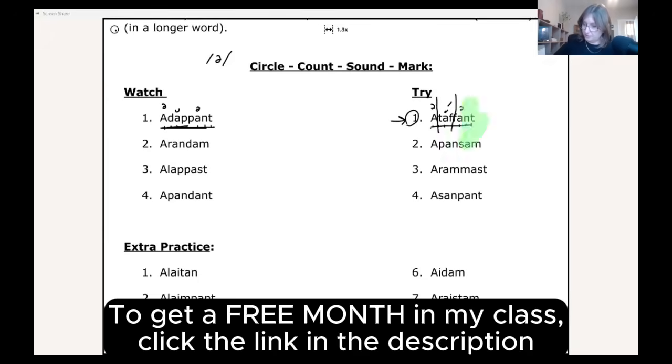Good. Okay, number 2. We have a schwa right here because that's what a says when it's at the beginning and there's a vowel 2 doors down. We have a short a right here, because that's what a says usually when there are 2 consonants after it. And we have another schwa over here, but for a different reason, because when a is toward the end of a multi-syllable word, more than one syllable, and there's a consonant after it, it changes to the schwa sound.